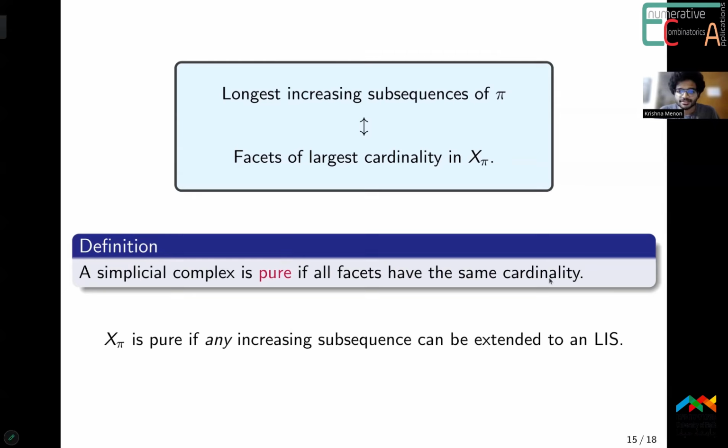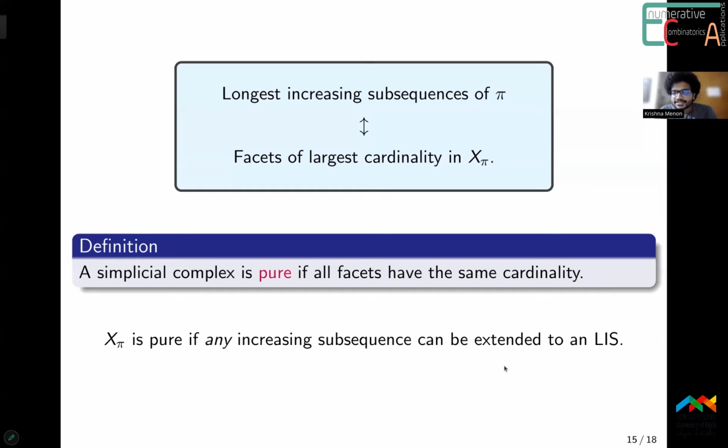Now, in our context, if we look back at this correspondence over here, X pi being pure means, first of all, by definition, all facets have the same cardinality, which just means that all facets correspond to longest increasing subsequences. And since any face is contained in a facet, X pi being pure, purely combinatorially, means that if you start with any increasing subsequence of pi, you can extend it to a longest increasing subsequence.